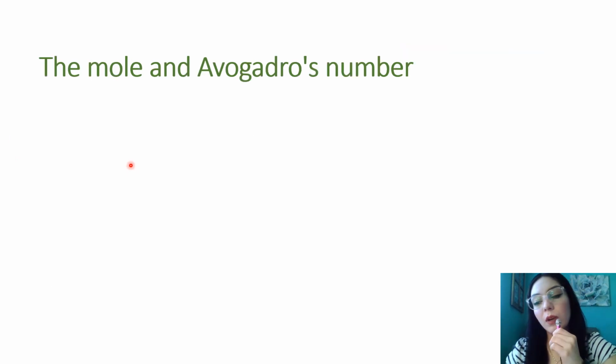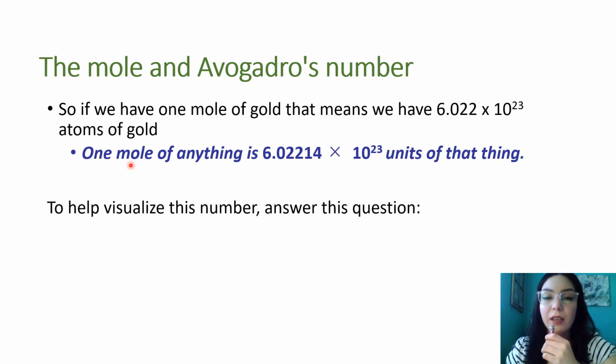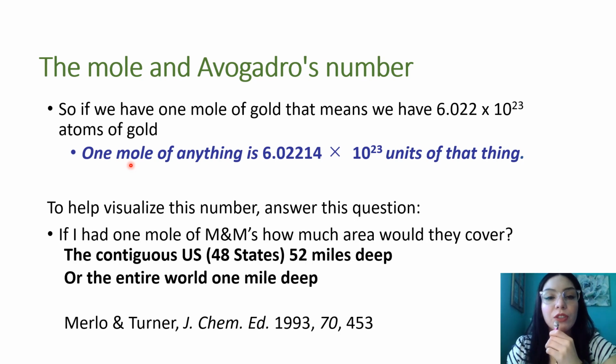So if we had 1 mole of gold, that means we would have 6.022 times 10 to the 23rd atoms of gold. So 1 mole of anything is Avogadro's number of it. And to help you visualize how big this number is and why it's so useful, if you had 1 mole of M&Ms, how much area would they cover on the world?